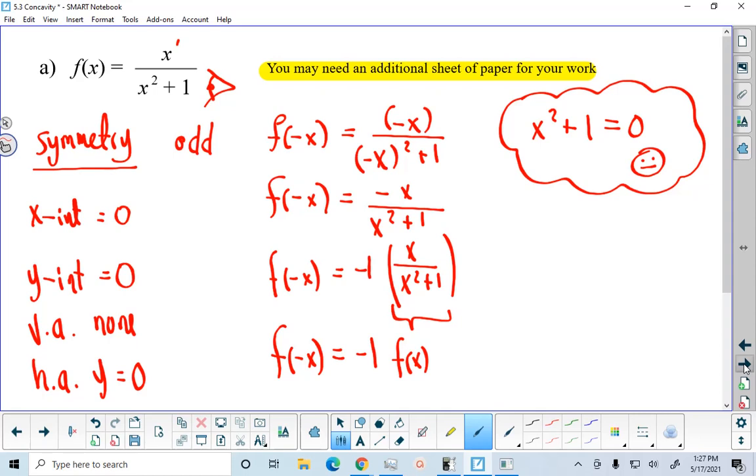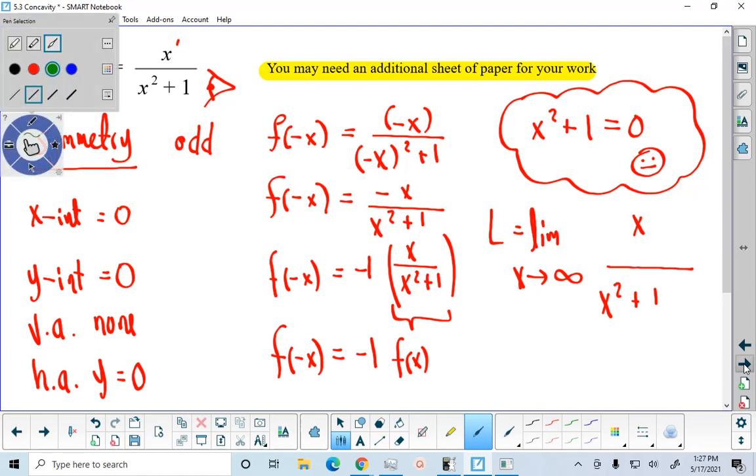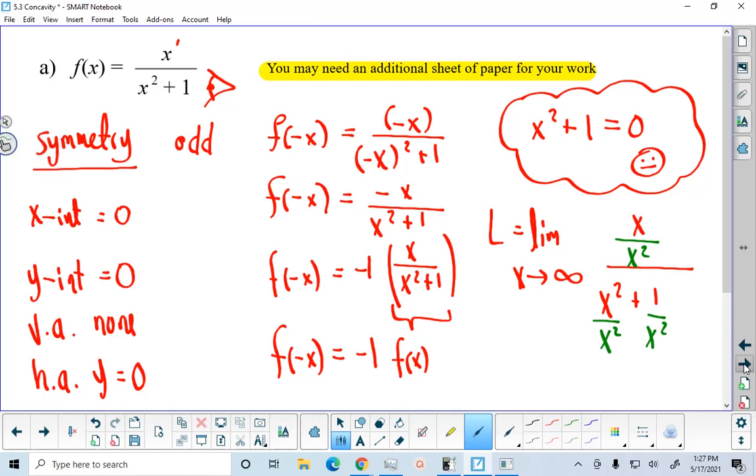If you want to do it properly, the location of the horizontal asymptote is the limit as x approaches infinity of x over x squared plus 1, and this is where we divide every term by the highest degree term. The top of this expression will turn into 1 over x.